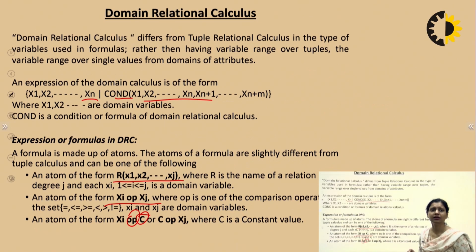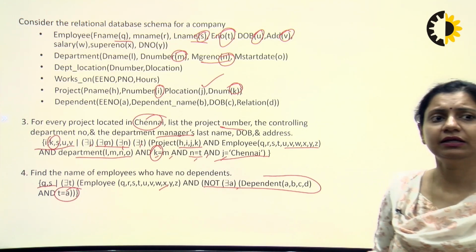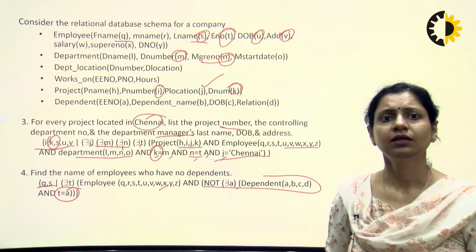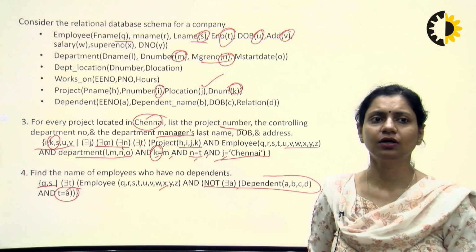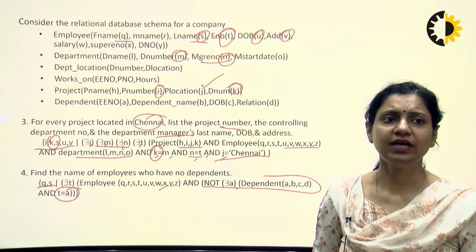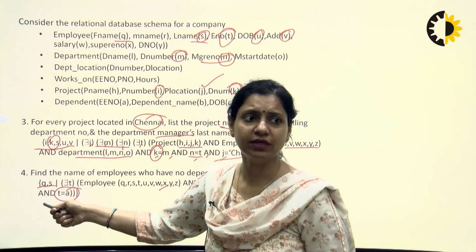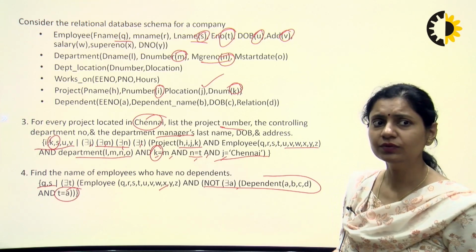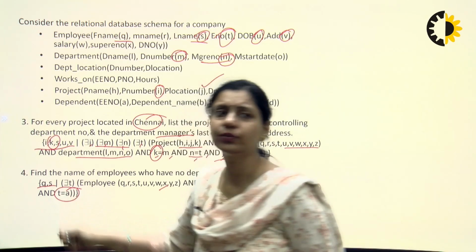So this with not of there exist over here. You can either write it with not with there exist, or you can use for all and apply the not on both the conditions separately. So here we have taken not with there exist and we have used the and operator over here. We can also use for all and apply not on this as well as on this with the or operator.